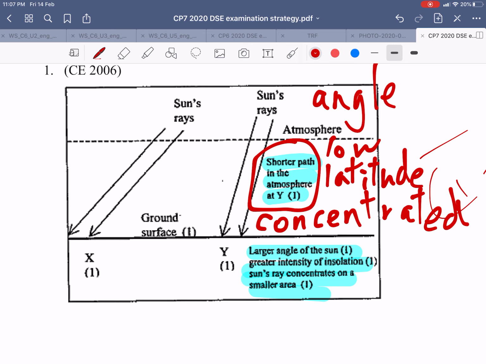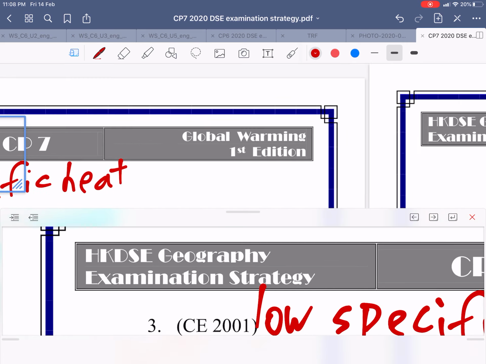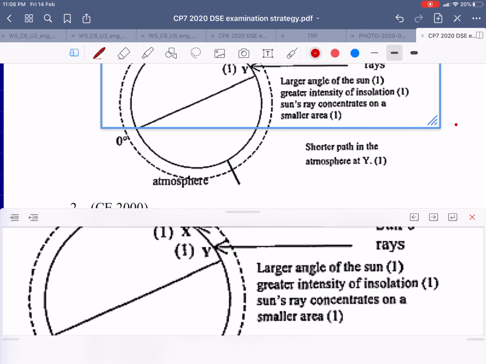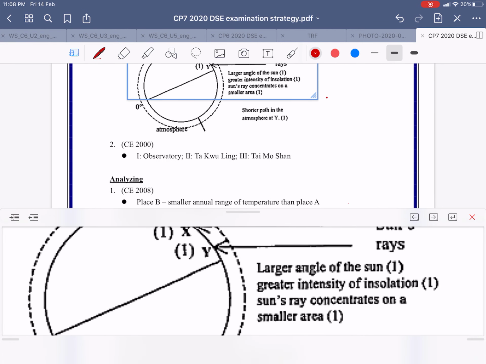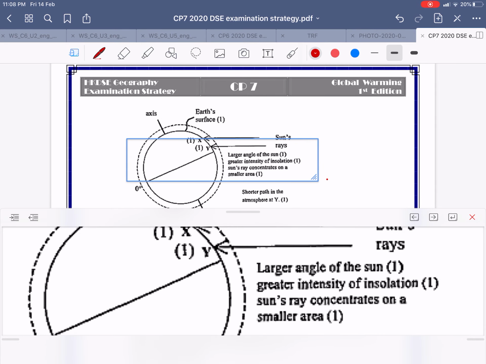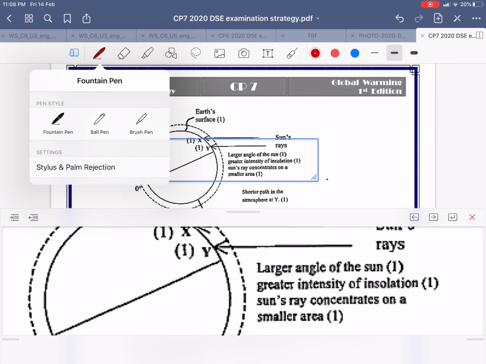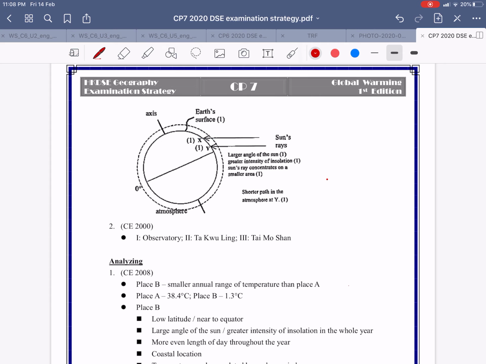Those are the key concepts. For X, it is just vice versa, and you can see that the angle of the sun is smaller.